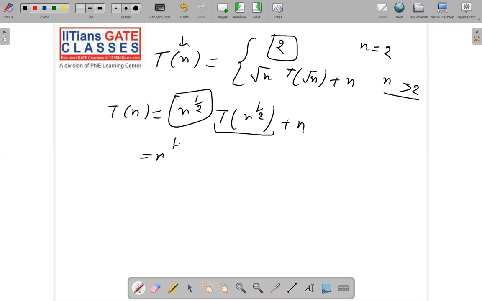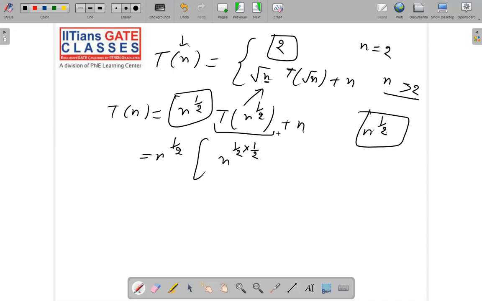So it will be n raised to power 1/2. If you try to replace this thing here, it will be n raised to power 1/2 multiplied by 1/2. Right? You are replacing n with n^(1/2).